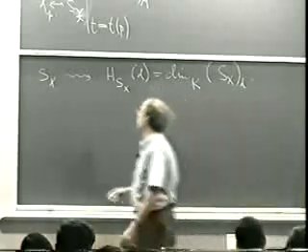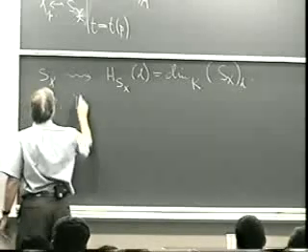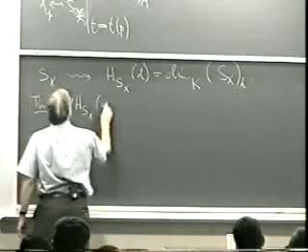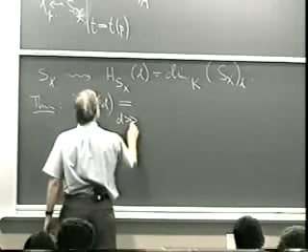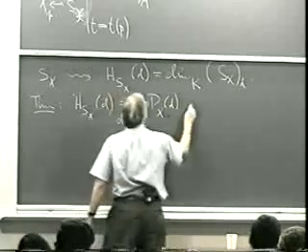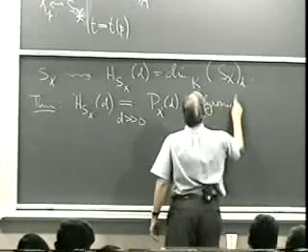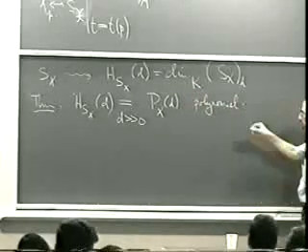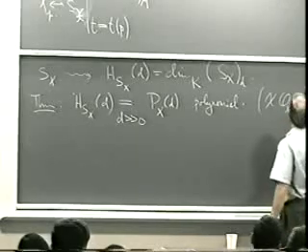And Hilbert's theorem, which I'll prove for you in a moment, is that H_Sx of d is equal, for d sufficiently large, to P_x of d, a polynomial. And of course, the algebraic geometers recognize this polynomial as chi of O_x of d.